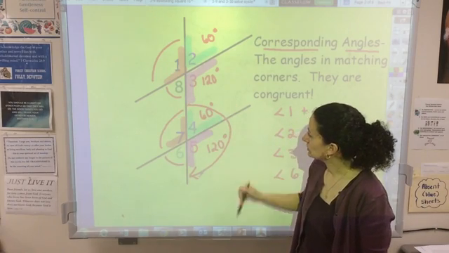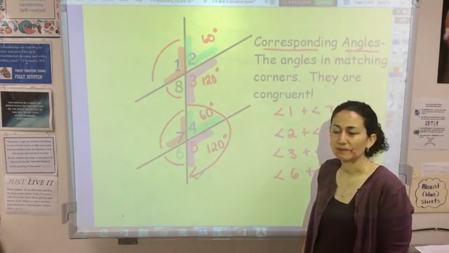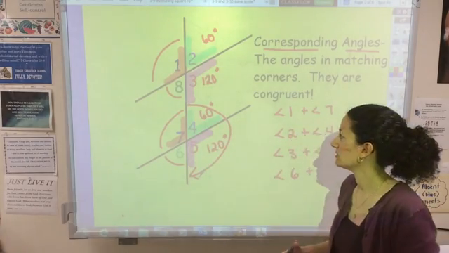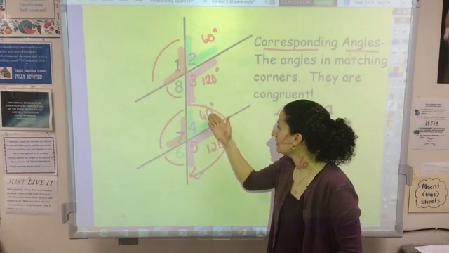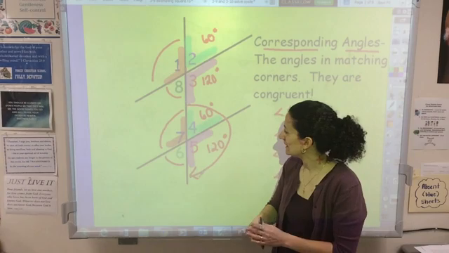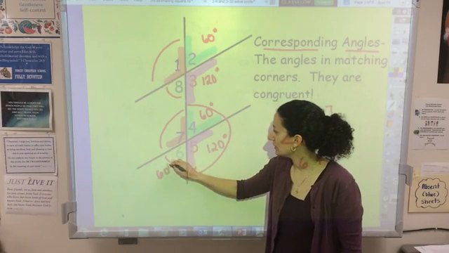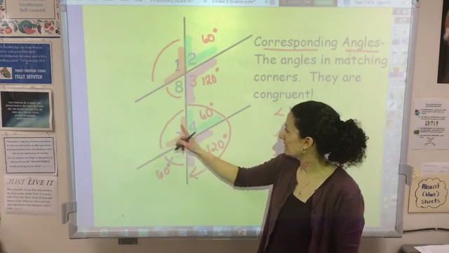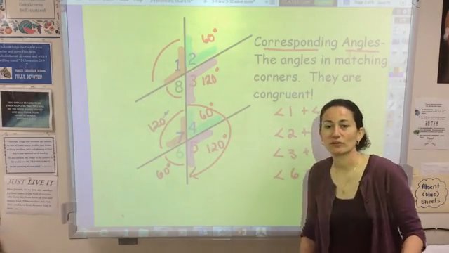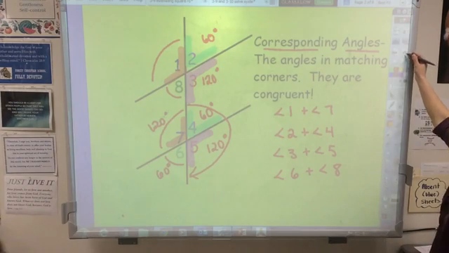So 60 plus 120 is 180. And you're going to see all of this kind of comes together and relates to each other. You're also going to see how you can find the missing angle across. If you know this is 60, then this is 60 because they're vertical. If this is 120, then this is 120 because they're also vertical. We learned about vertical angles yesterday. All right, let's move on.